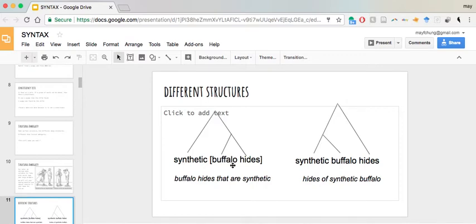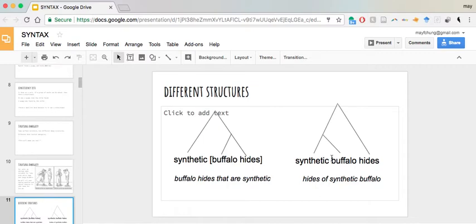So if I group buffalo hides together, I'm calling it one entity and I'm describing the entity, so I'm saying it's synthetic. Versus if I group synthetic buffalo together, then I'm saying that synthetic buffalo is a constituent and the hides are just a descriptor of the synthetic buffalo.